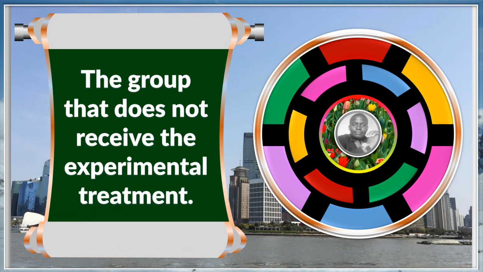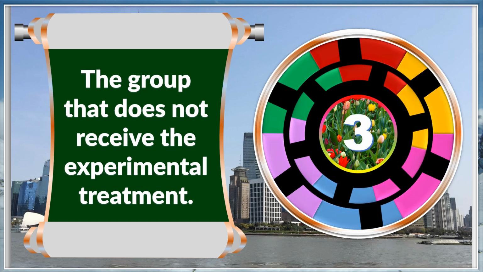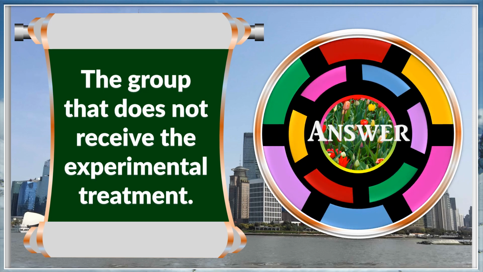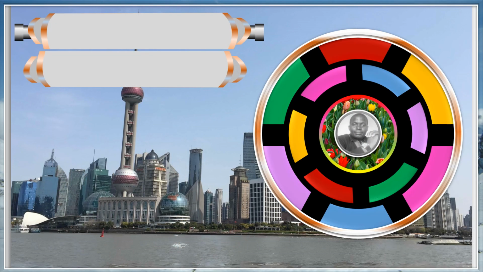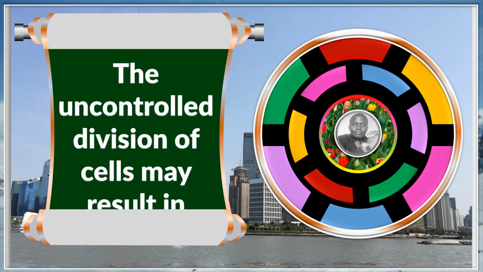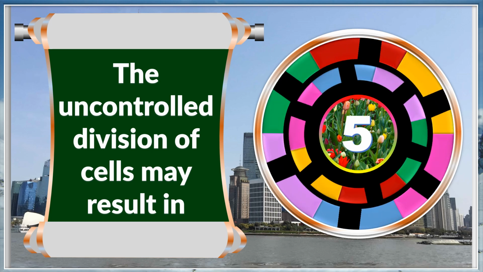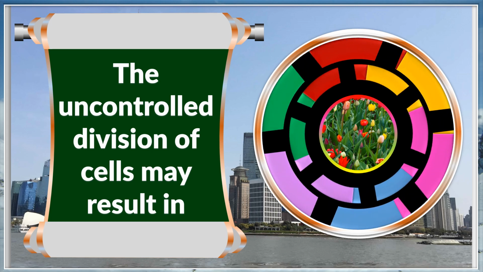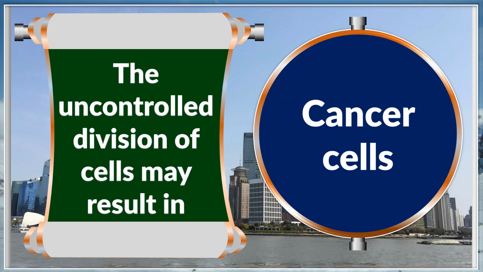The group that does not receive the experimental treatment. Control group. The uncontrolled division of cells may result in cancer cells.